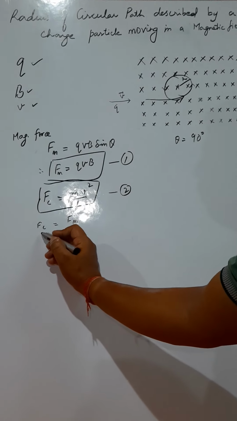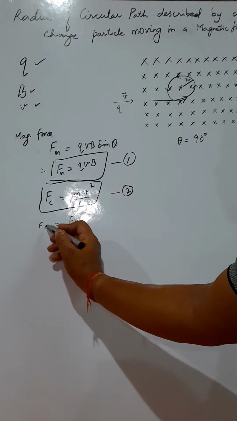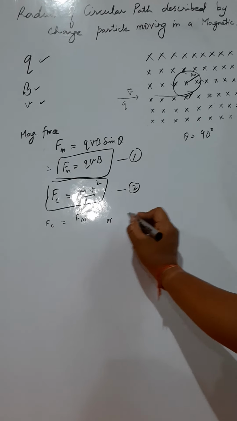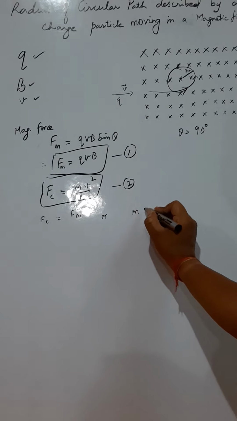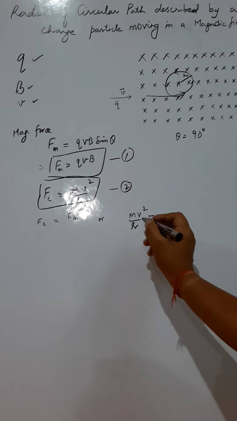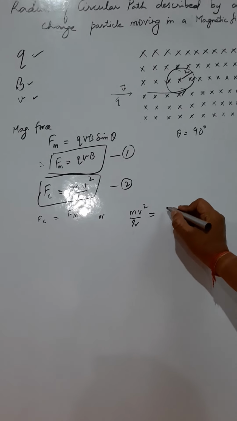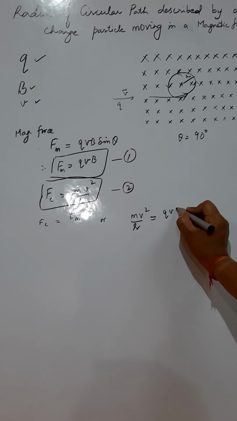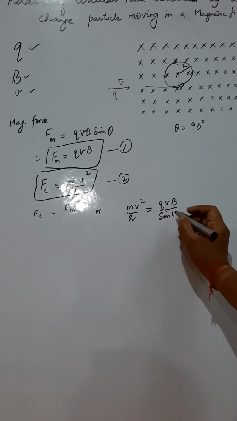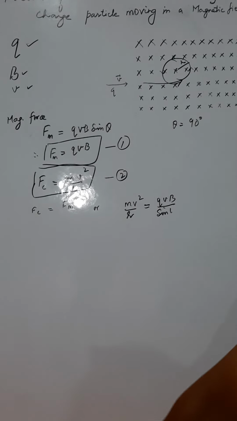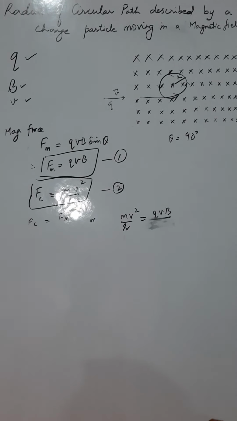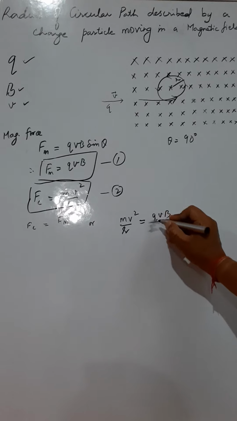This force is obtained by the magnetic Lorentz force. So mv square over r is equal to QVB sin theta, and sin theta is 1 here, so QVB is the Lorentz force.